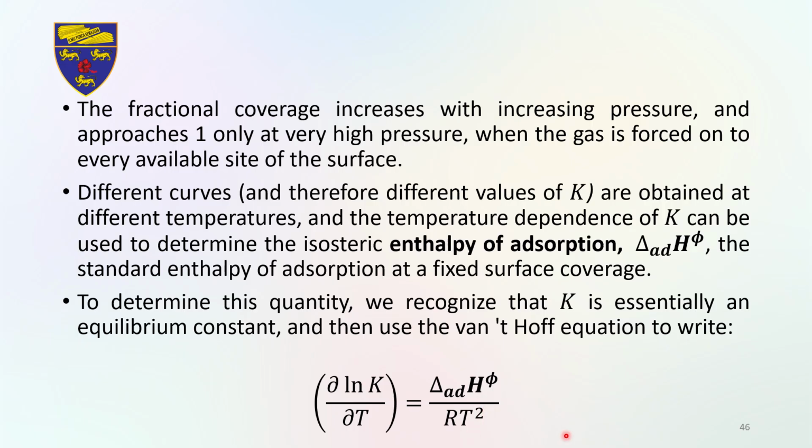This will provide us information related to the strength of the bond between the adsorbate and the surface, and help us understand whether we are dealing with weak physical forces or strong chemical interactions.